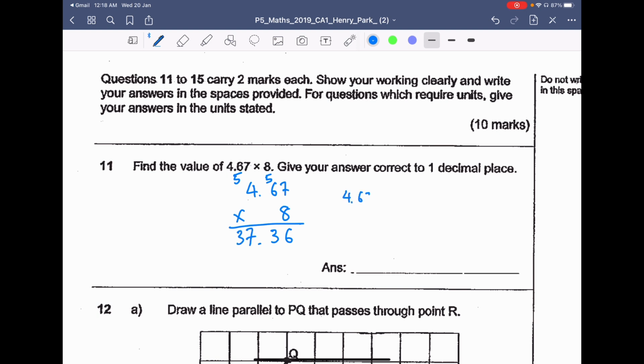So 4.67 times 8 equals 37.36, and you round off to 1 dp is 37.4, because you look at the hundredths place, which is between 5 to 9, so you round up the tenth place to become 4. So the answer is 37.4.